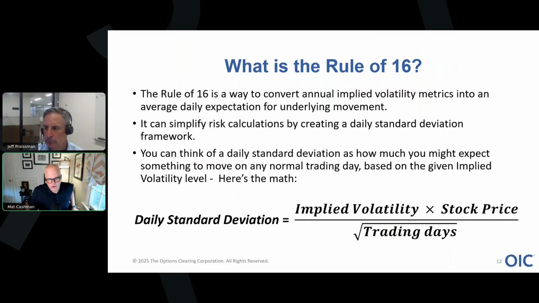I'm assuming you mean you're selling verticals or iron condors or something. And if that is the case, then you're already capping your risk in many different ways, right? I'm not saying that you shouldn't be looking at what the implied vols are doing. You should. But the strategy that you're already implying when you're selling spreads is that you're already capping your risk and making it a defined outcome.